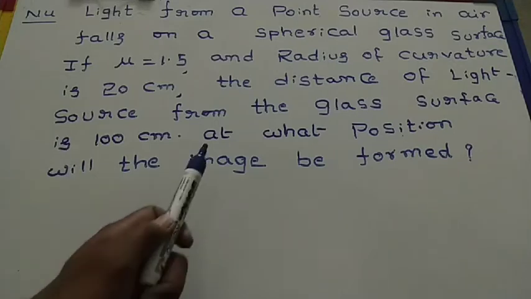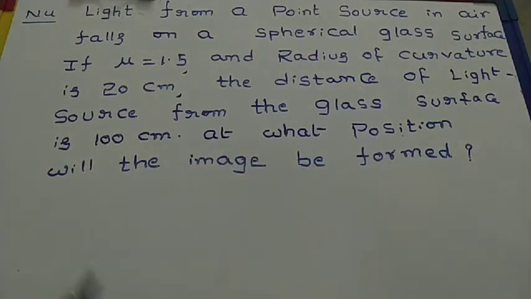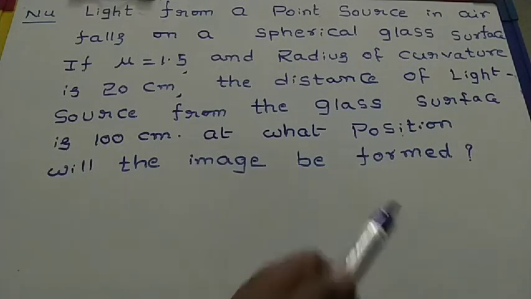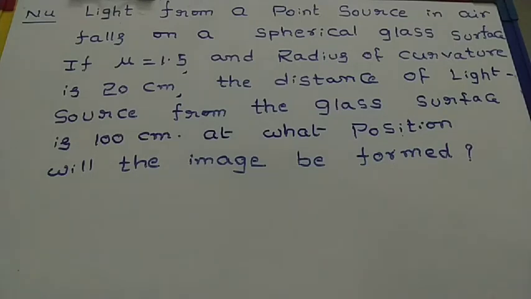That means u. At what position will the image be formed? This is the question. At first, we have to write the given data.